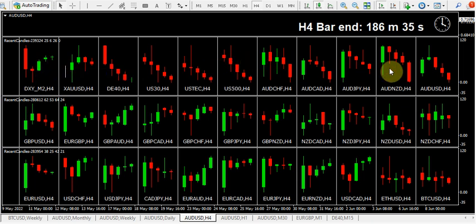We've got a few Aussie pairs over here, just randomly arranged as well. I should do a better job about them. We've got the cable, Euro USD, Swissy. Swissy tends to be the antithesis of Euro USD. It used to be a real strong correlated chart, so if one's going up, the other tends to be going down, and you can see 3 down H4s and 3 up H4s, or at least green.